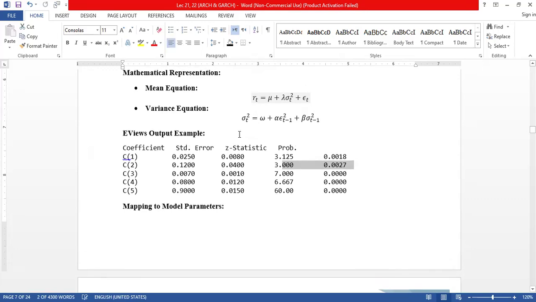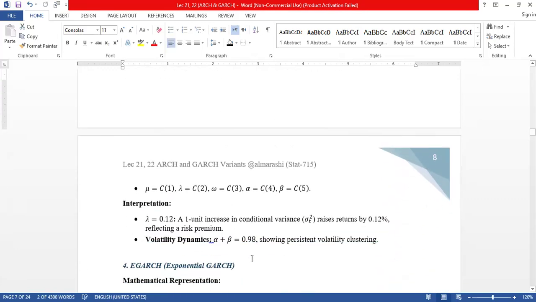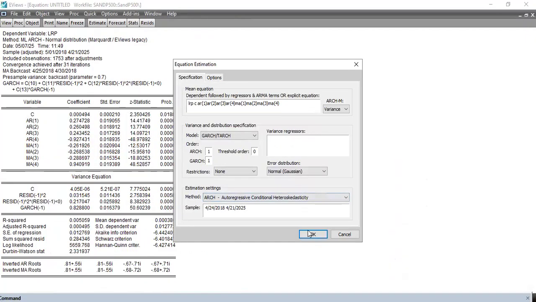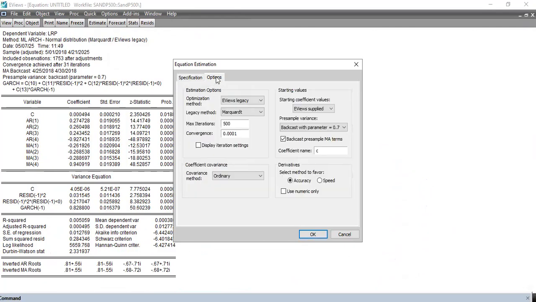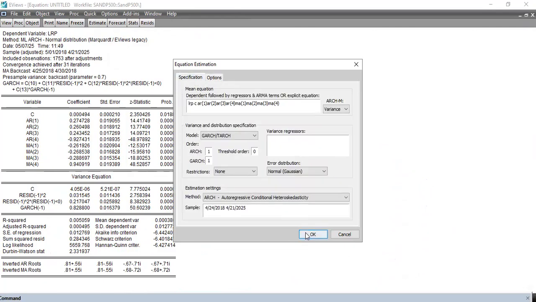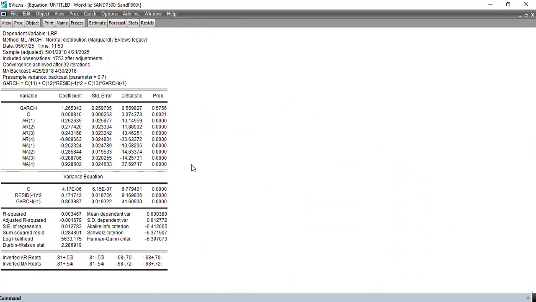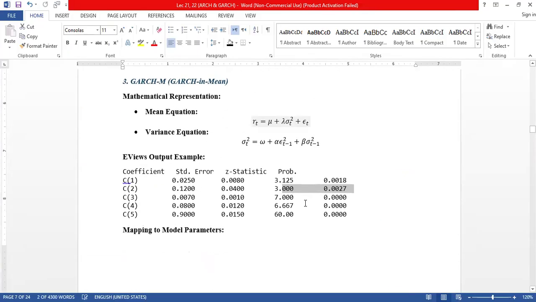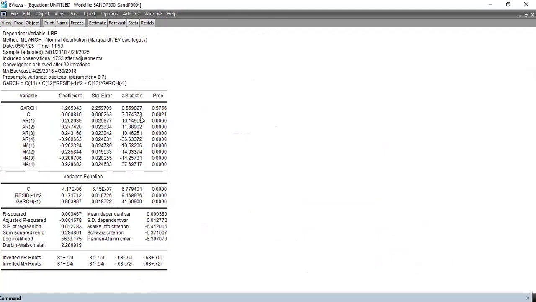In the mean equation, we have to see this. Okay, let's see now. Options, GARCH mean. Though it is significant in this example, it is not significant with my S&P 100.